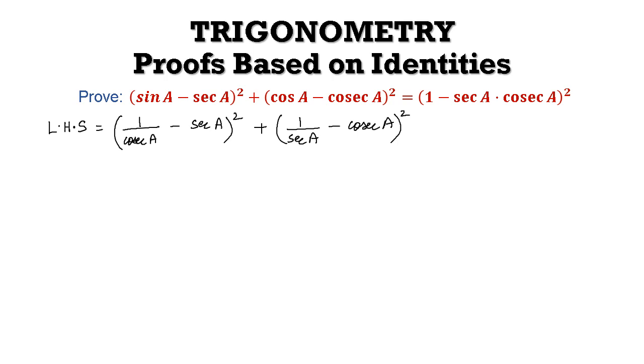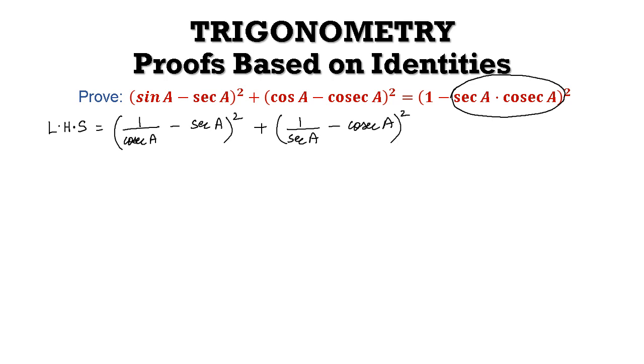Our task is now just to change the form so that it looks exactly like the right hand side. On the right hand side, we can clearly see that secant A and cosecant A are multiplied.